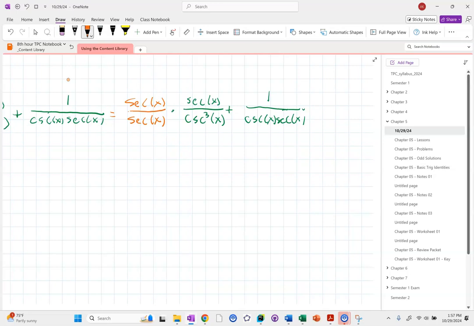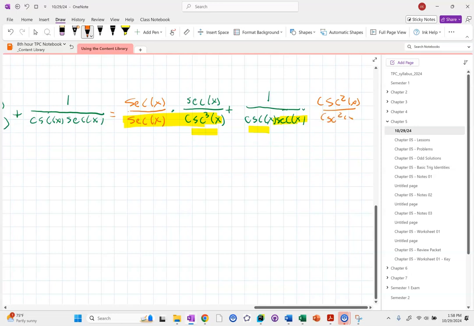Well, what is this denominator right now? It's secant x times cosecant cubed, right? I have the secant piece, but this one has secant cubed and this one has secant to the first. So how am I going to change that secant to the first to secant cubed? Cosecant squared, yes. There you go. Thank you, Tia.